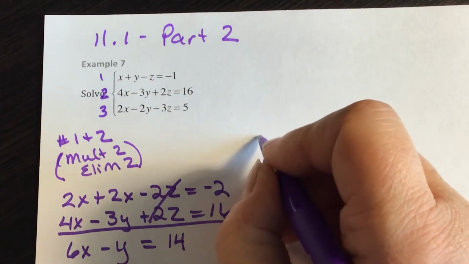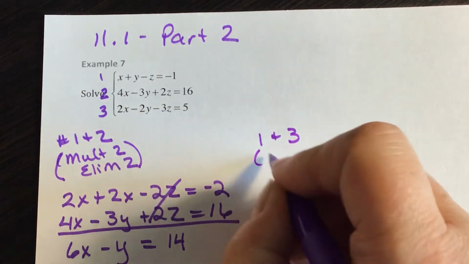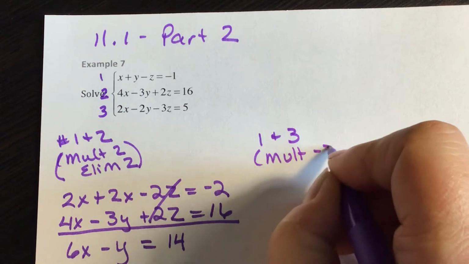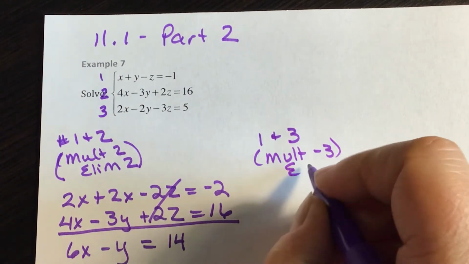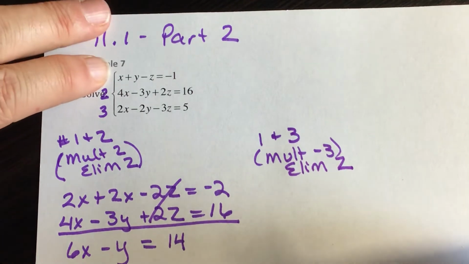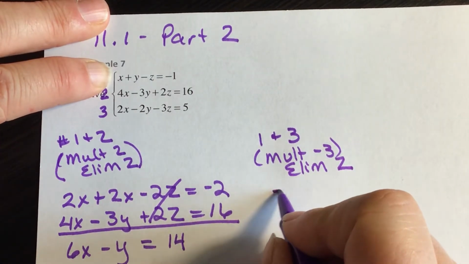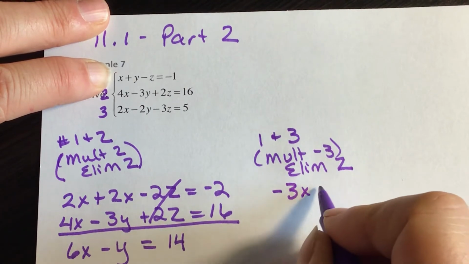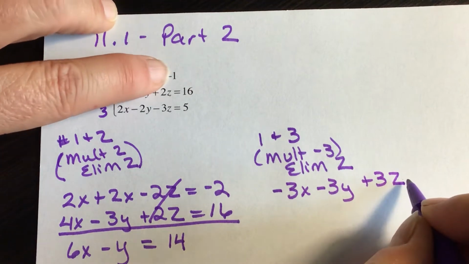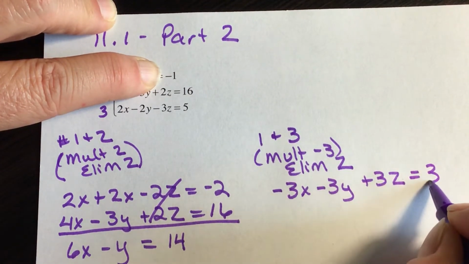So for 1 and 3, I'm going to multiply by negative 3, and that's going to eliminate z. Okay, so on 1, I'm going to multiply by negative 3. So that gives me negative 3x minus 3y plus 3z. Negative 3 times negative 1 is positive 3.